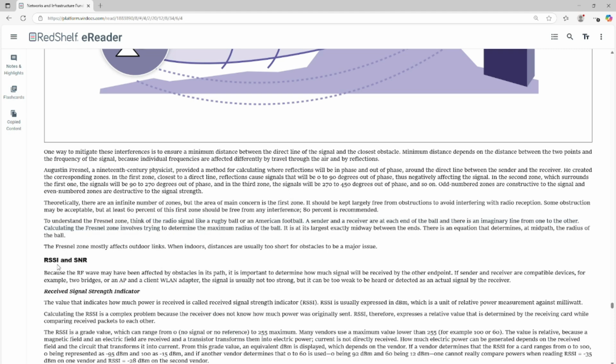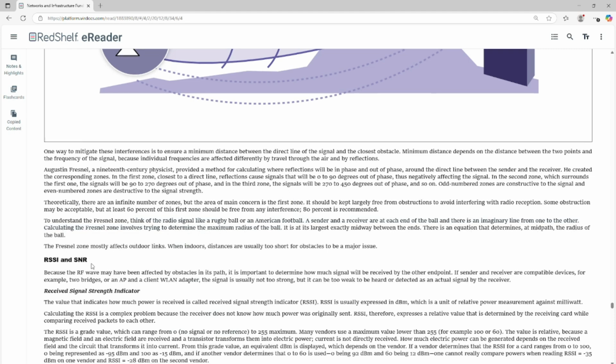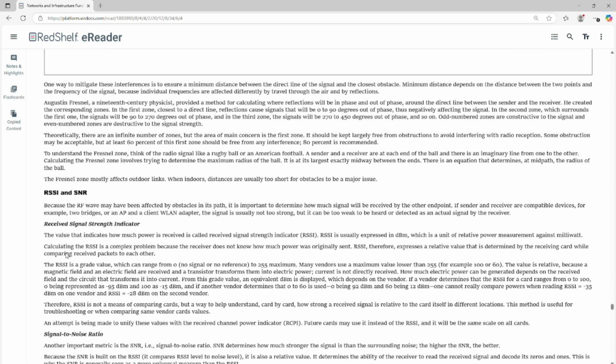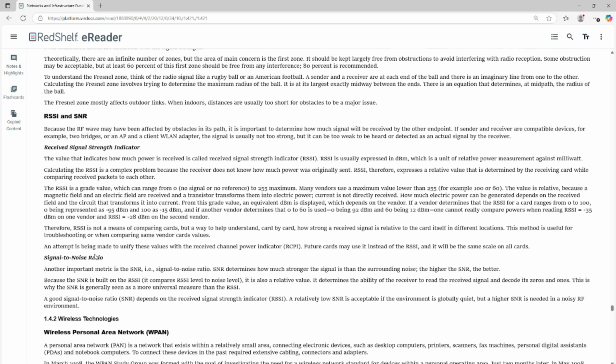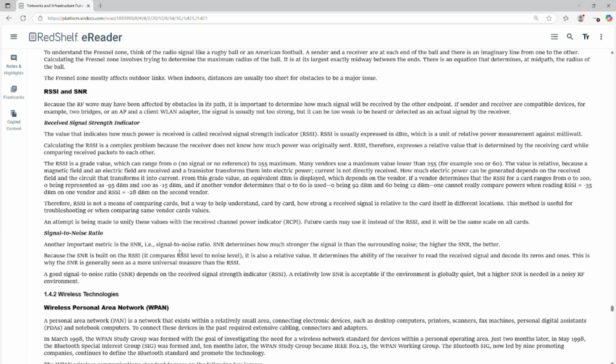RSSI and SNR. The RSSI is simply a received signal strength indicator, while the SNR is simply a signal to noise ratio.